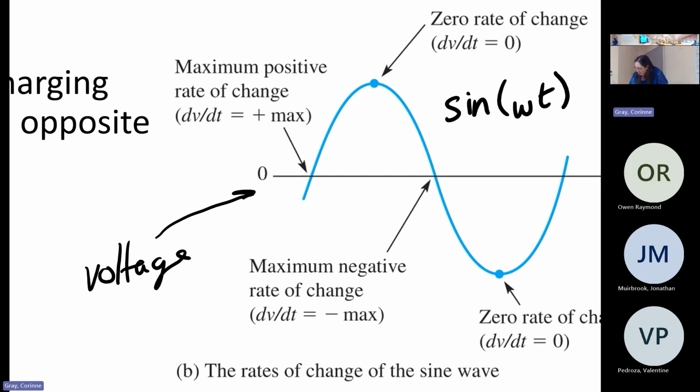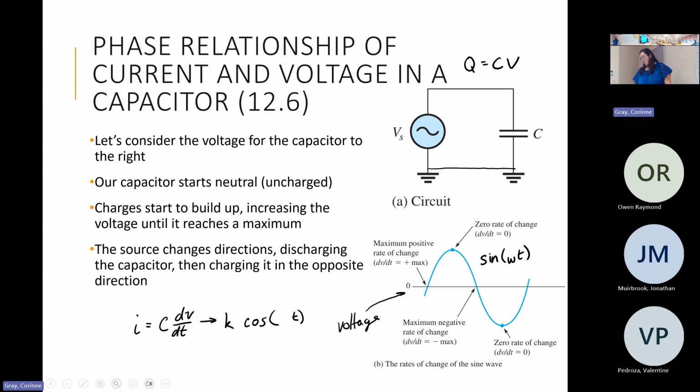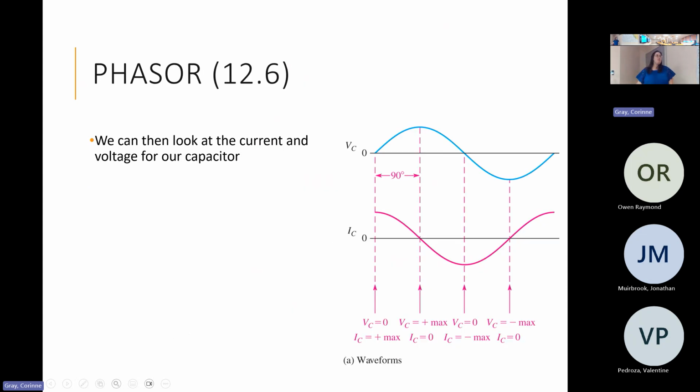So yeah, this is going to give us our first useful use of the phasor. Here we have the representation. Up here we have our voltage across the parallel plate capacitor, and here we have the current coming from that capacitor. They are 90 degrees out of phase, so we could draw those phasors.